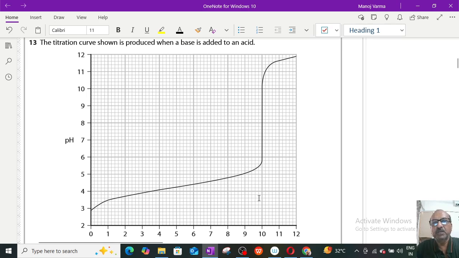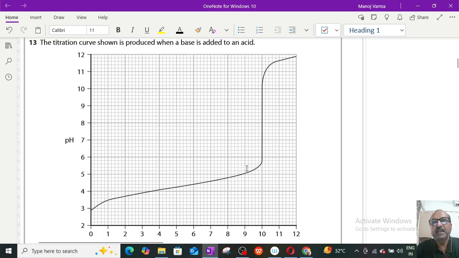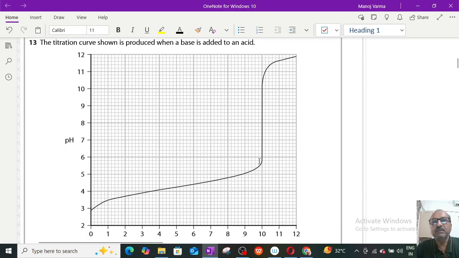The endpoint occurs when about 10 cm cube of base has been added, because there is a sudden jump in the pH value. So you have to look at the vertical part of the curve and see the pH range. Roughly we can say the pH range is from 6 to about 10.5.